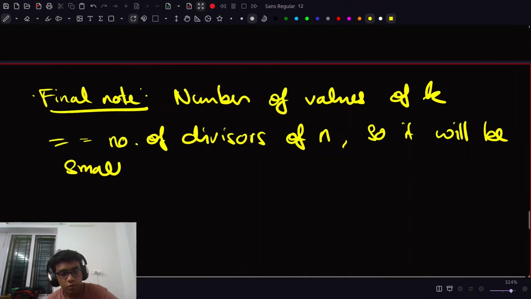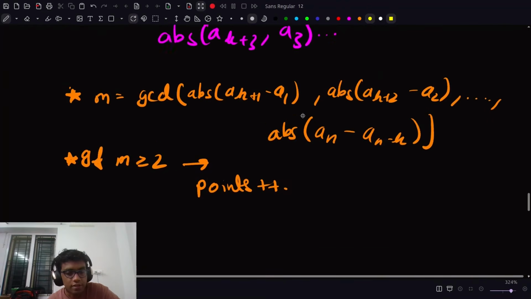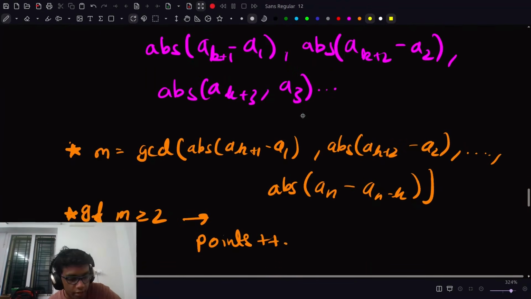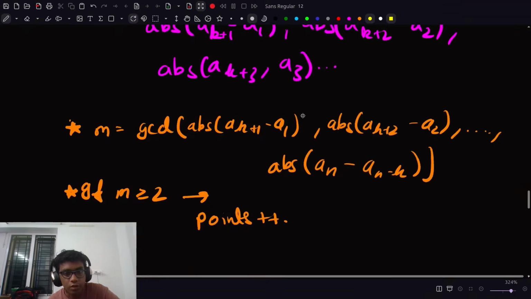The number of divisors is roughly approximated by the cube root of n. It's a rough approximation, but it works in practice that the number of divisors of a number n is roughly cube root of n. Also, to find these divisors, you can obviously use complicated methods like sieve, but we can simply use a simple root n method as well to find it.